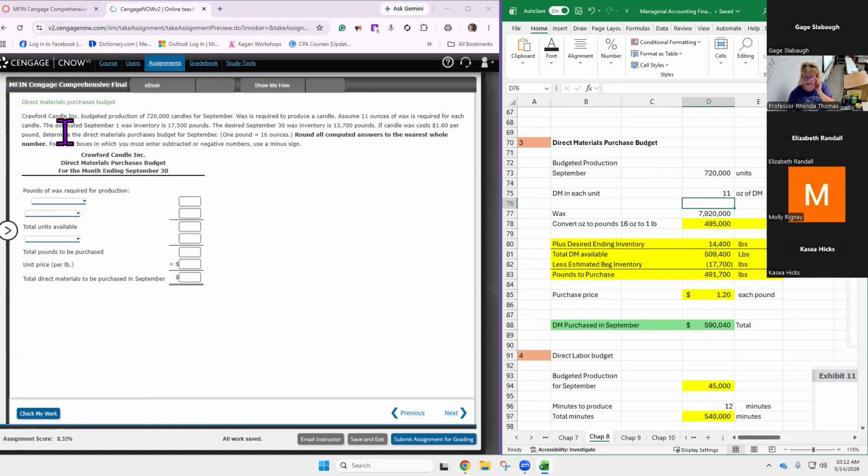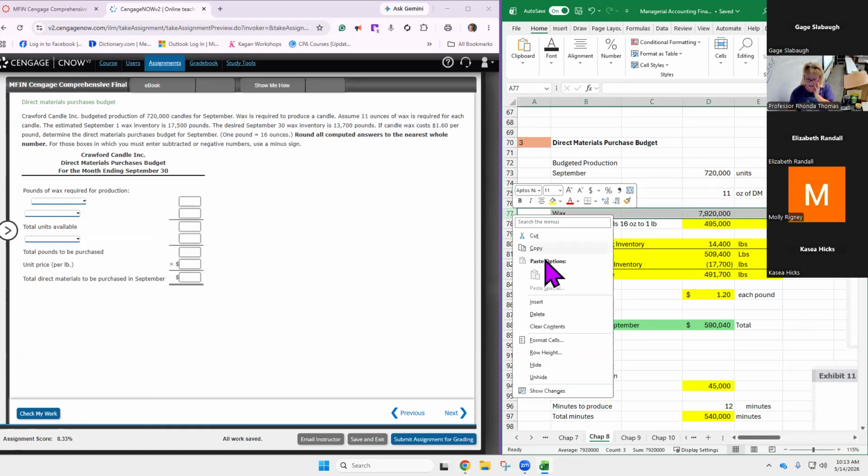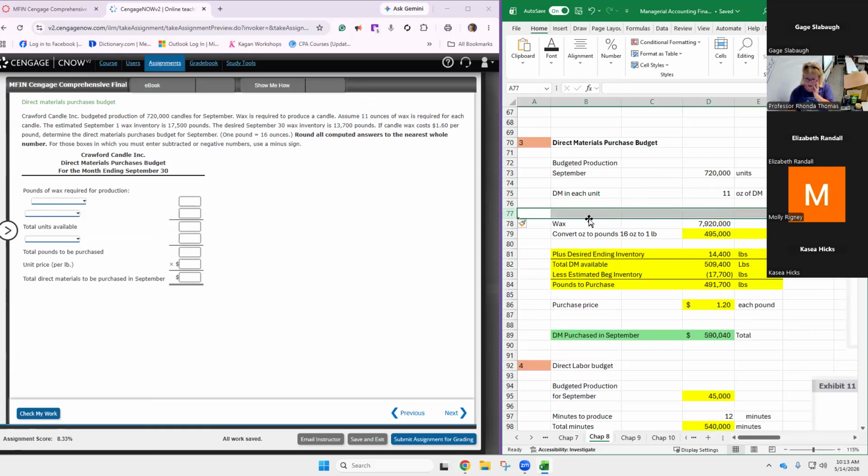Now, you're going to get some beginning balances and ending balances of this material. But right now we've got it in ounces. It looks like we have to convert it into what? Pounds, right? I'm going to make a little notation here, because this is the amount of wax we need: 11 ounces times 720,000 candles, right?